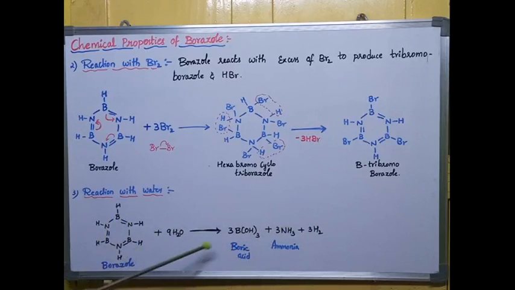Oxygens: we have 9 oxygens, and 9 oxygens are present in the structure. Hence the reaction is completely balanced. So when it reacts with water, it produces boric acid and ammonia along with hydrogen gas as a byproduct.